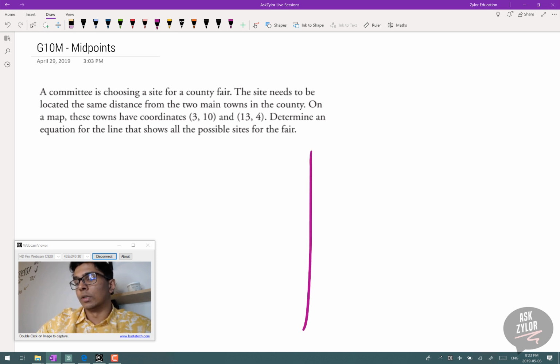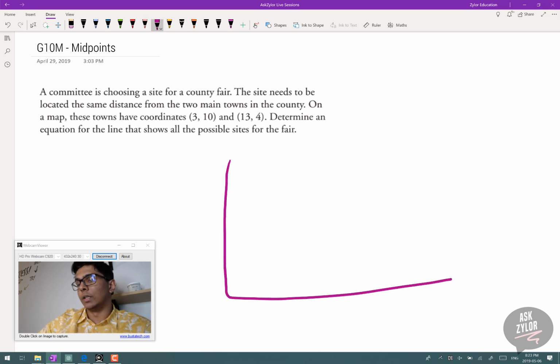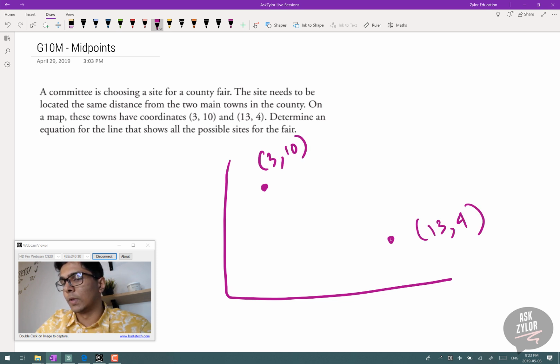So let's draw a general idea of what's happening. So 3,10 would be somewhere here, 13,4 would be somewhere here. Right. So they're choosing a site and it needs to be located at the same distance from both these 2 towns. Right.